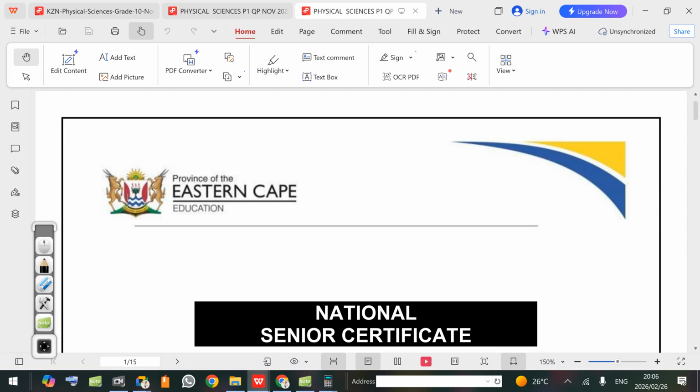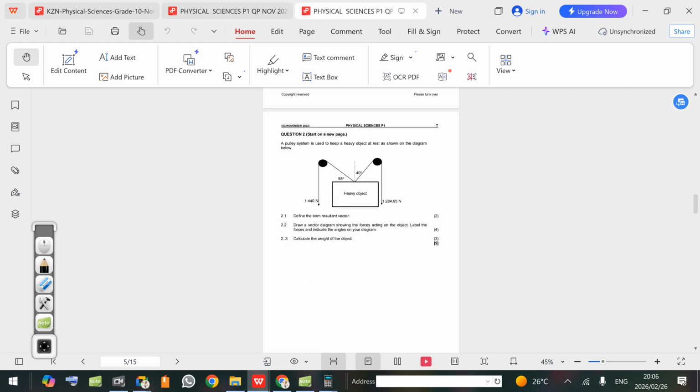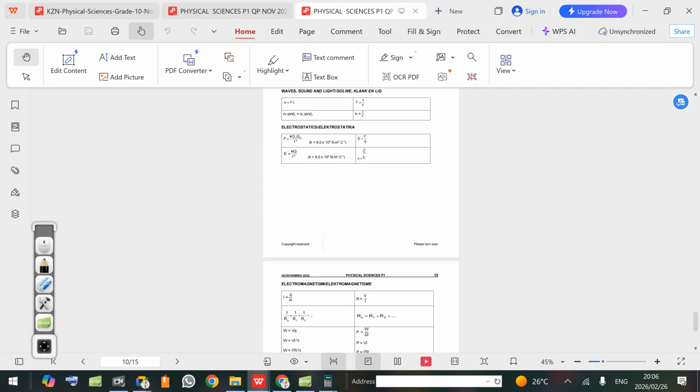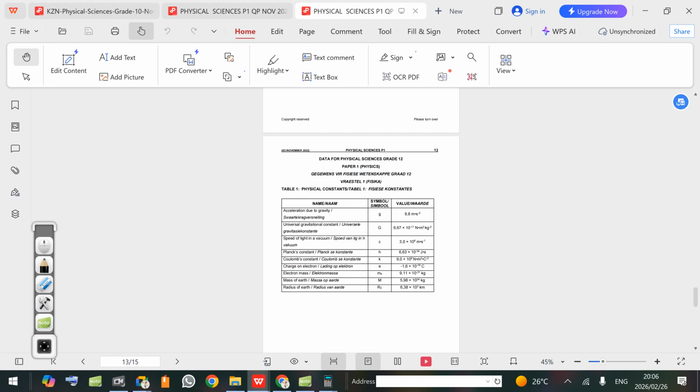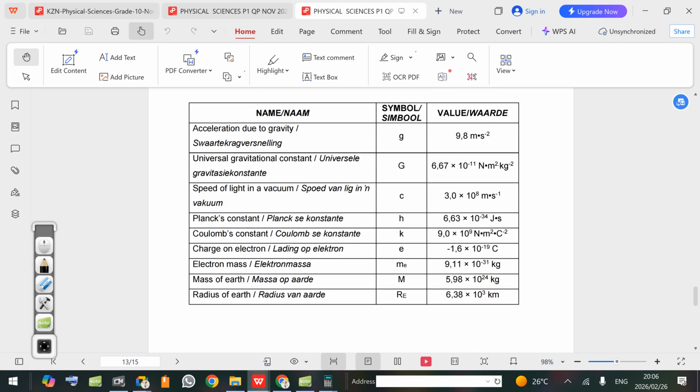I know that in the grade 12 paper, it's in meters. Let me just confirm what it is here. All right, so here as well, they gave us in kilometers. So let's work with what we have: 6,38 times 10 to the power 3.